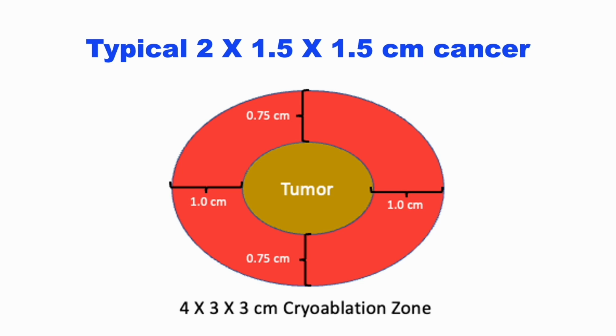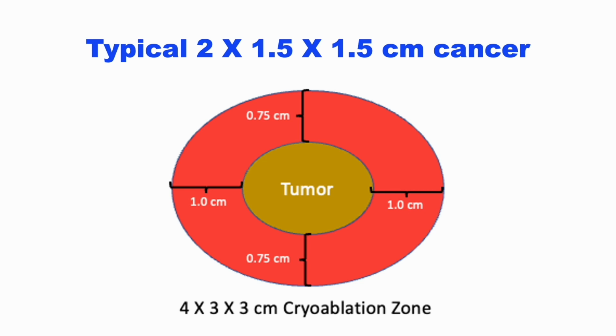Therefore, in the example shown on the slide, the brown tumor here, which measures 2 by 1.5 by 1.5 centimeters, when ablated with a 4 by 3 by 3 centimeter zone of necrosis, would achieve a gross surgical margin of 0.75 centimeters or greater.